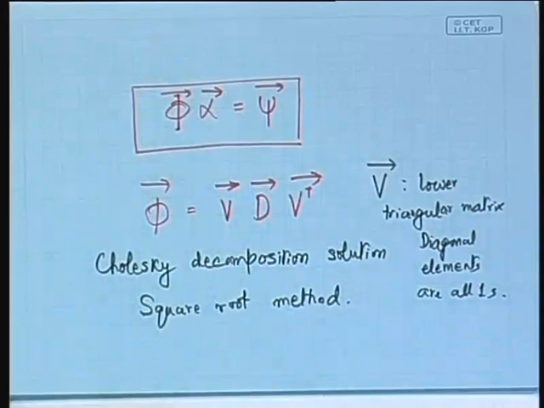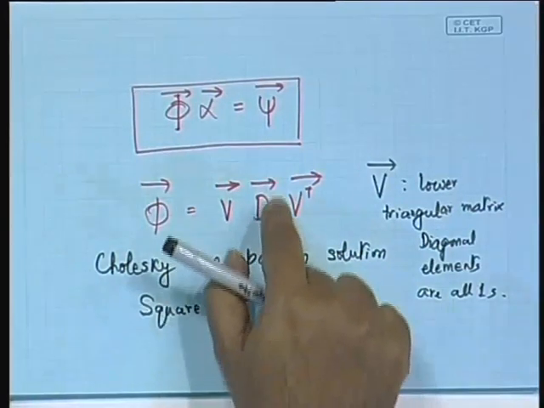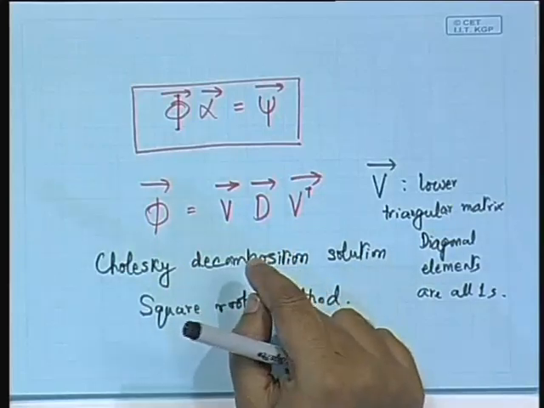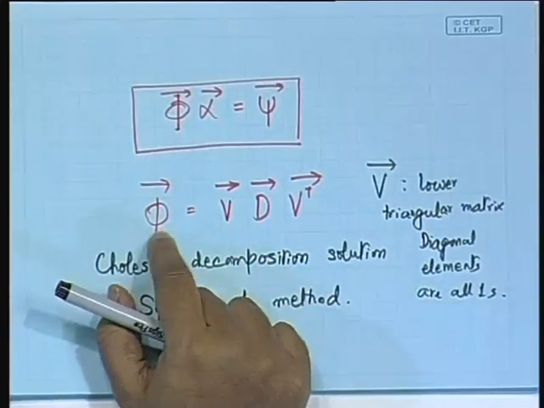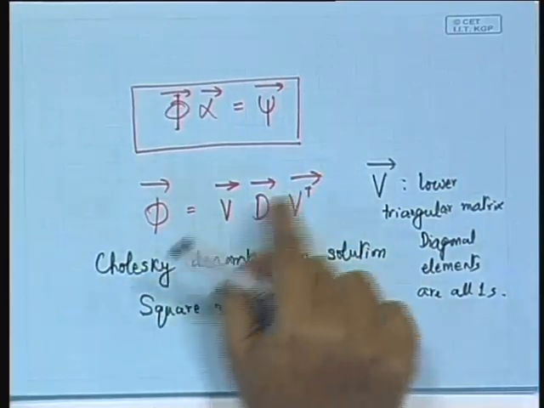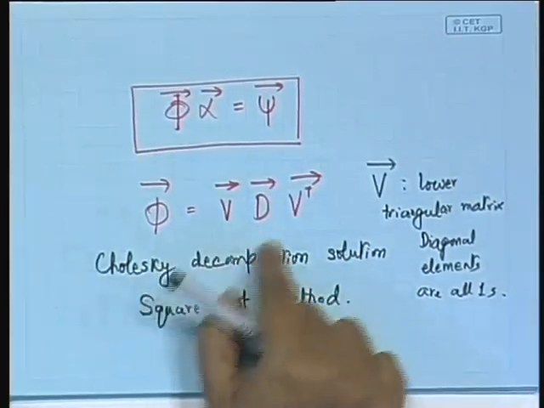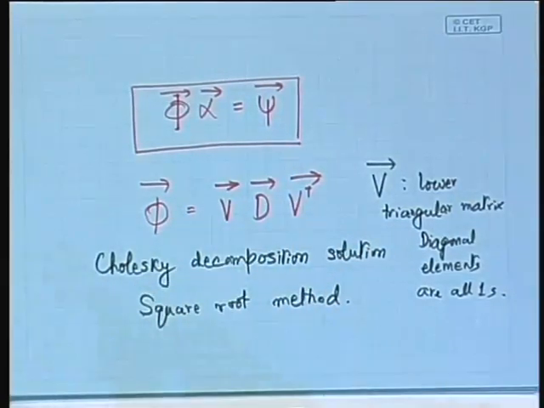Before we approach a solution of this, first let us try to express this phi in this manageable form. If we can somehow solve for the elements of this V matrix and the D matrix, that should help us, because using this V matrix and D matrix, the solution of this alpha vector would become much easier.